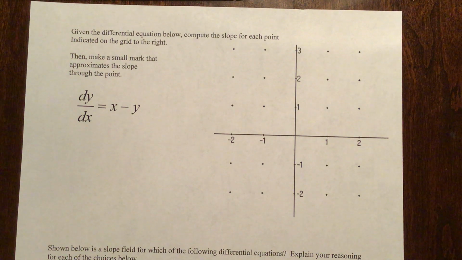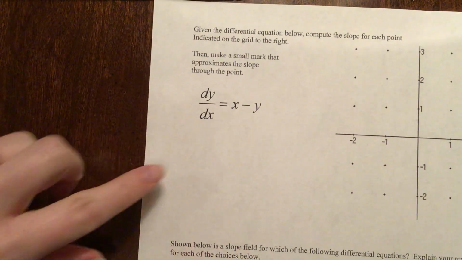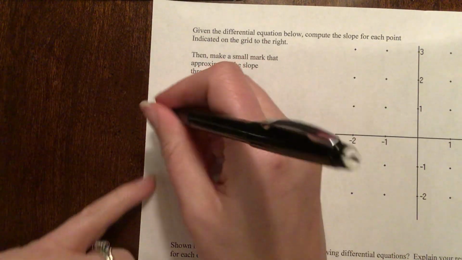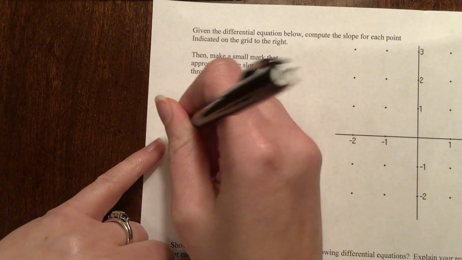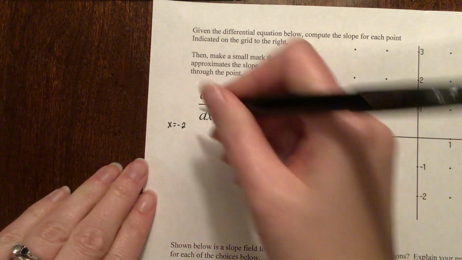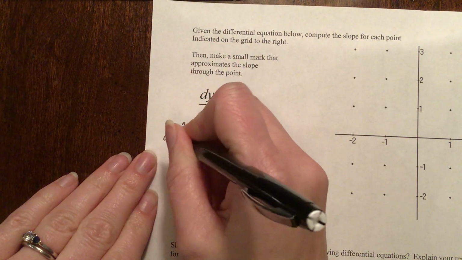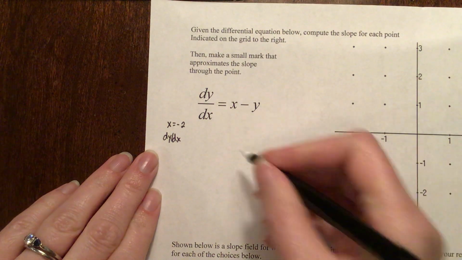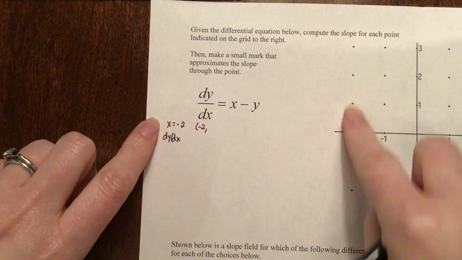I'm going to go ahead and do black for x equals -2's. Let's try that first. I'm going to write up a bunch of these over here. So x equals -2. We want to find dy/dx. Okay, so let's do -2, 3.